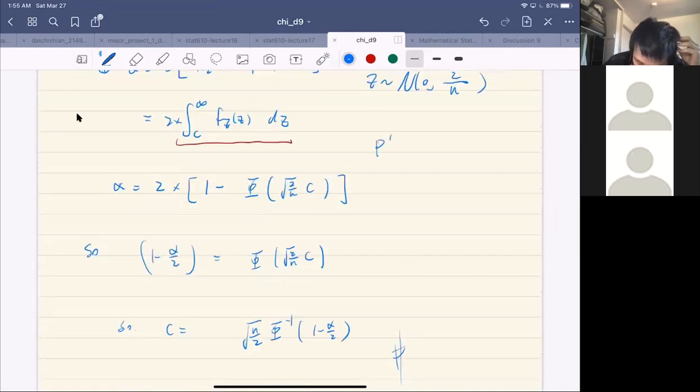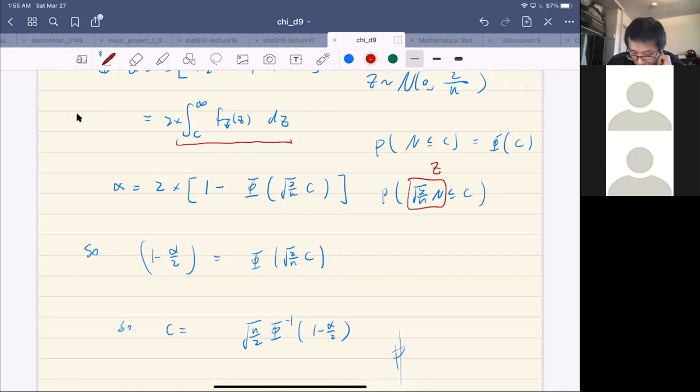So the probability of a standard normal is this. But what we want to find is the probability of this, smaller than c. This is the distribution of z. So it should be n over 2.